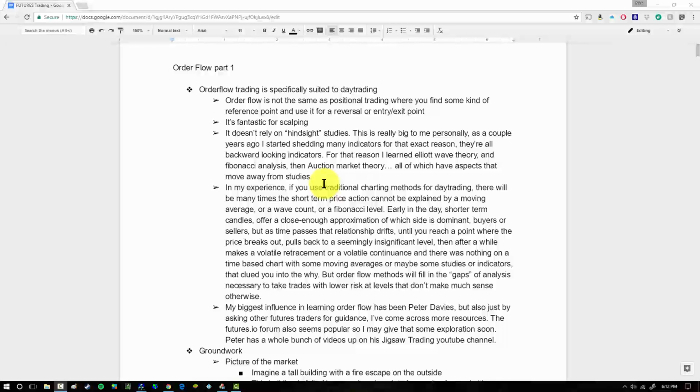Quick shout out, my biggest influence in learning order flow has been Peter Davies, but also by asking other futures traders for guidance. I've come across more resources, like the Futures IO forum, which is also very popular, so I may give that some exploration soon when I get some free time.